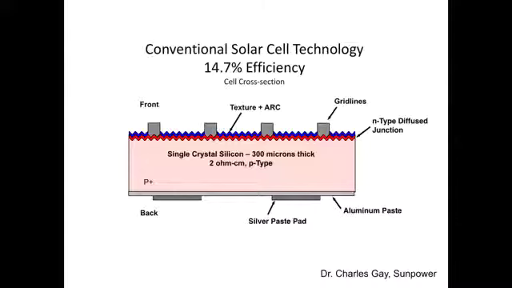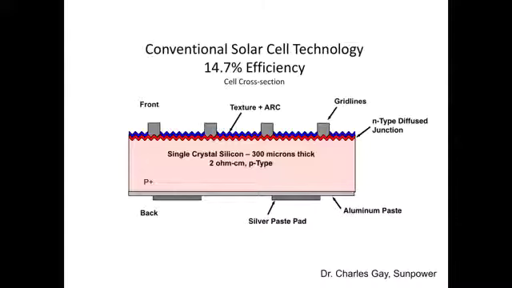You have your front and back contacts, and when it's manufactured like this, there's the texture plus ARC, where ARC is anti-reflective coating, so that you essentially minimize your reflected light right off the top of the cell. Texturing is also a method of light trapping. Essentially you increase the path length of light through your device, and you can increase the collection probability.